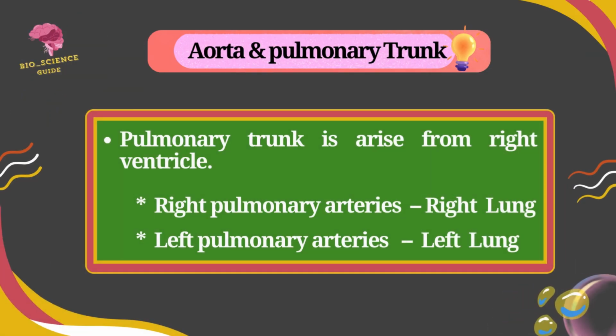The pulmonary trunk arises from the right ventricle and divides into right and left pulmonary arteries, and both carry deoxygenated blood into the lungs.